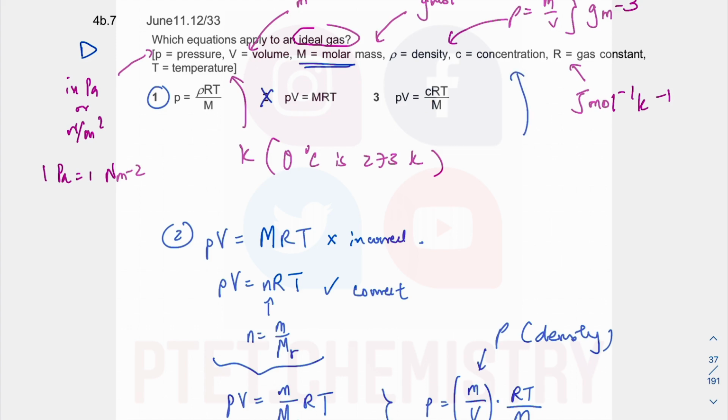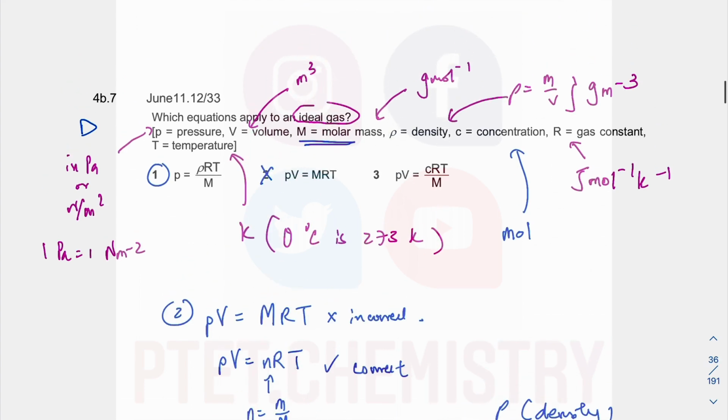Concentration would be in mole. Usually we express concentration as mole per dm cube, but because this is in an ideal gas equation, your volume would follow the unit of volume in the ideal gas equation, which is meter cube. So it's mole per meter cube, or you can think of it as mole over volume. Concentration is mole over volume.